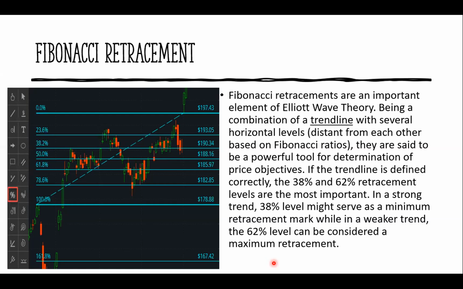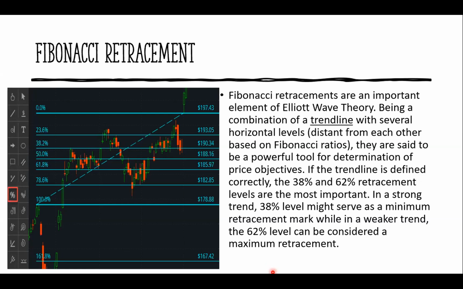They are said to be powerful tools to determine price objectives. If the trend line is defined correctly, the 38 and the 62 retracement levels are the most important. In a strong trend, the 38 level might serve as a minimum retracement, while in a weaker trend, the 62 level can be considered a maximum retracement.